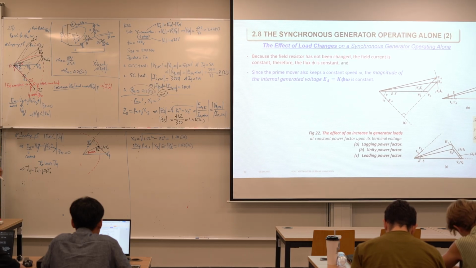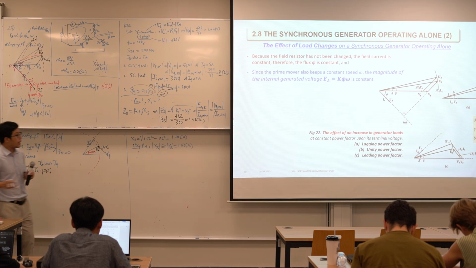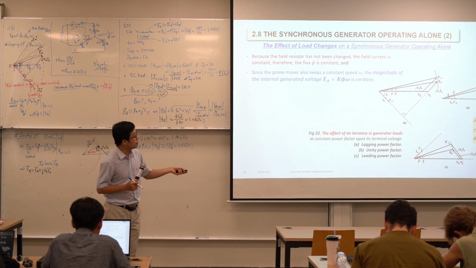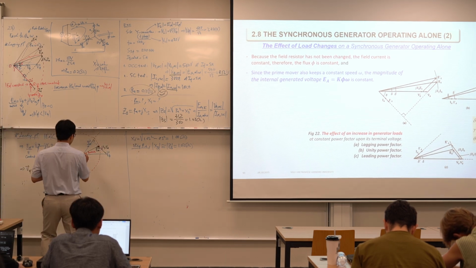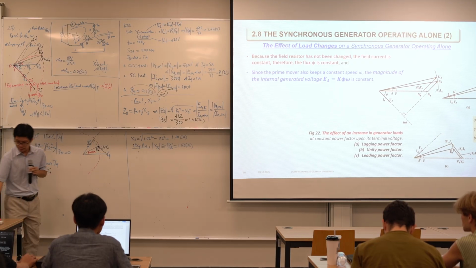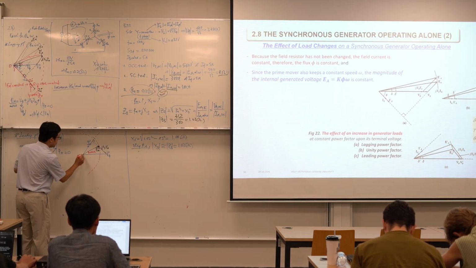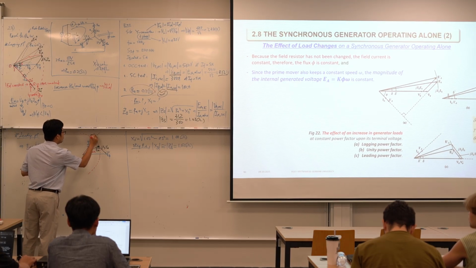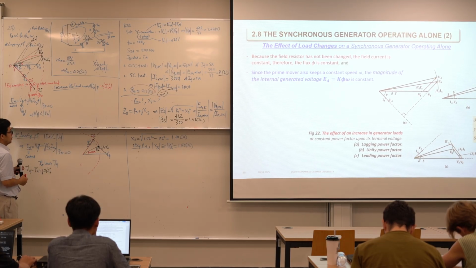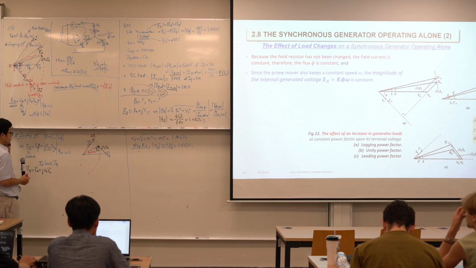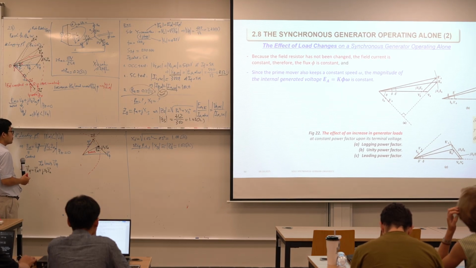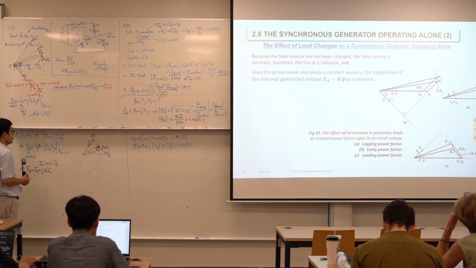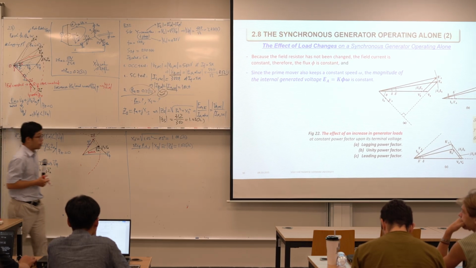Now, when we increase IA to become IA over common, EA is also constant, right?